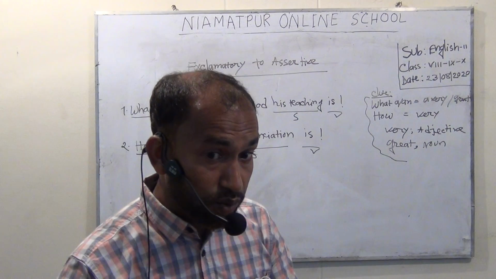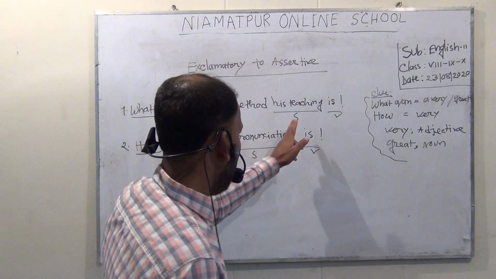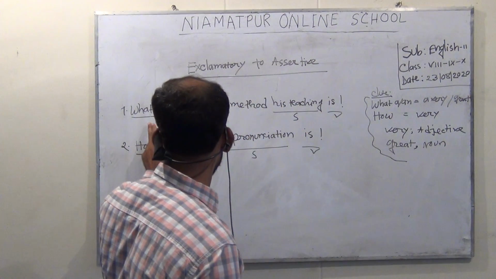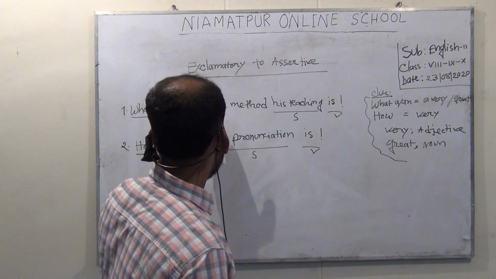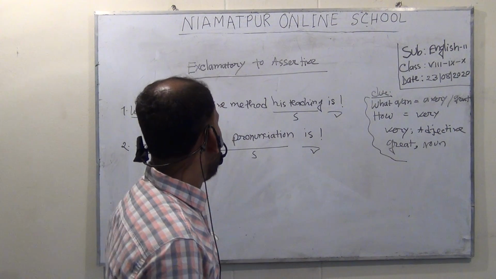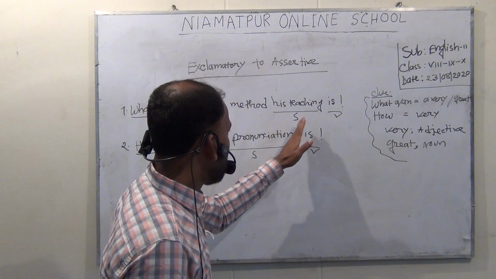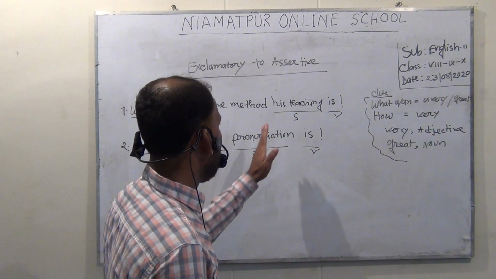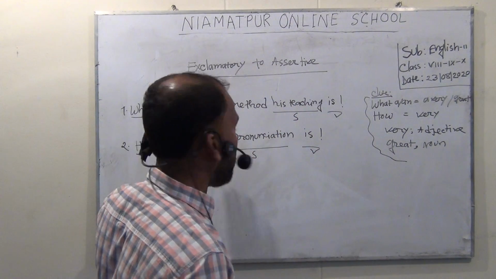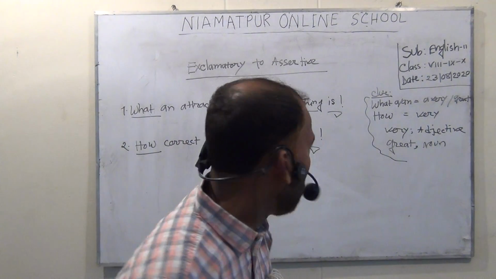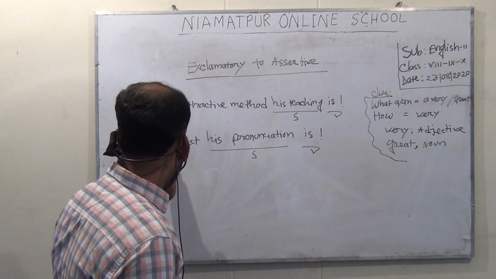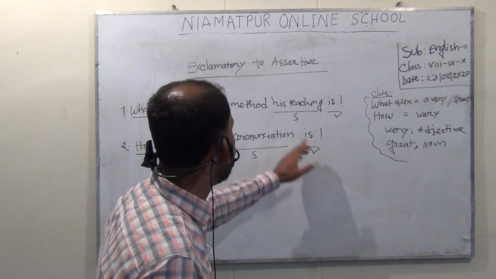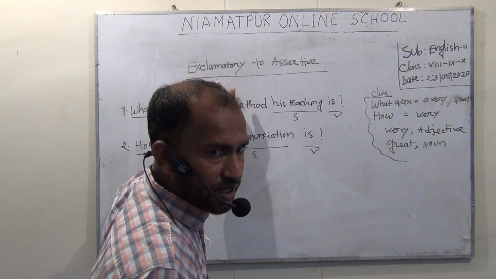Suppose we say in this way, his teaching method is a very attractive method. His teaching is a very attractive method. On the other hand, how correct his pronunciation is, this is an exclamatory sentence.